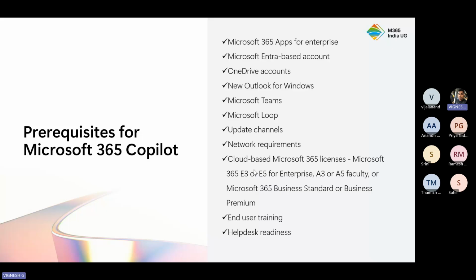Copilot for Microsoft 365 is always an add-on service, but you also need to make sure that you have a proper base license, because only on top of that base license can you top up your Copilot for Microsoft 365 license. It's a per-user license.